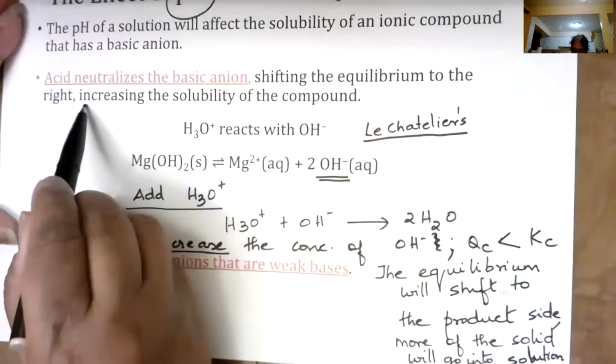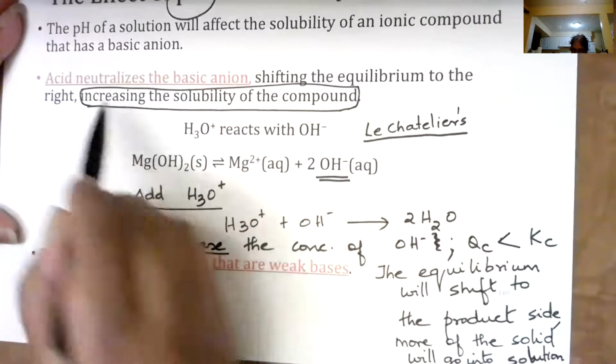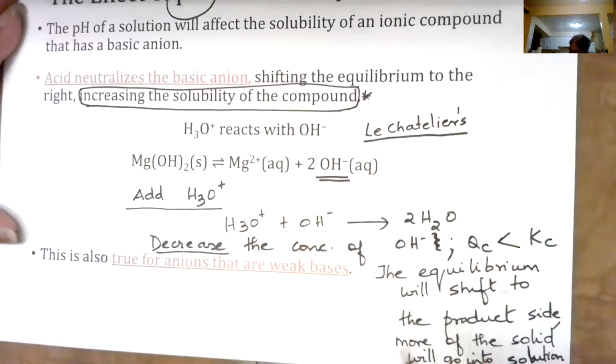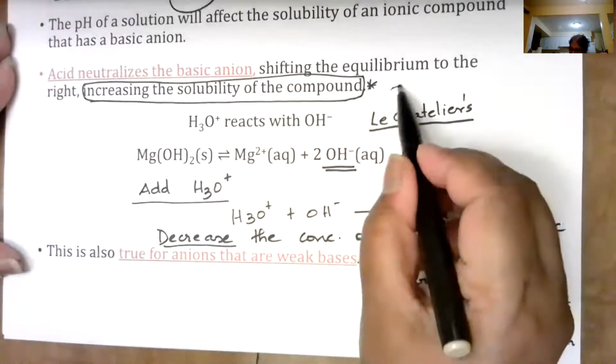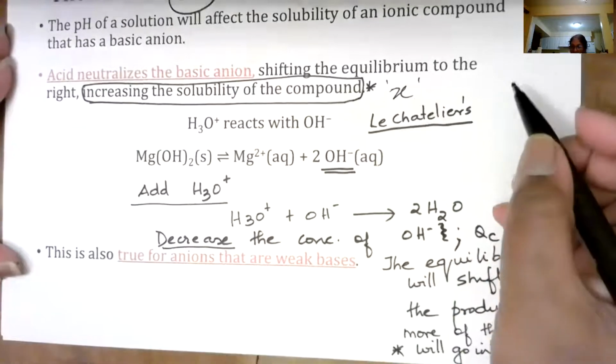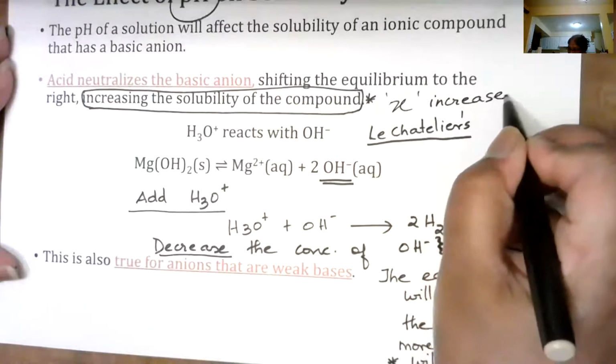So that increases the solubility of the compound, because more of the solid is going into solution. So if you were to do the calculation for X, the value of X increases.